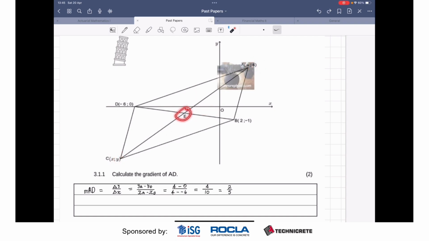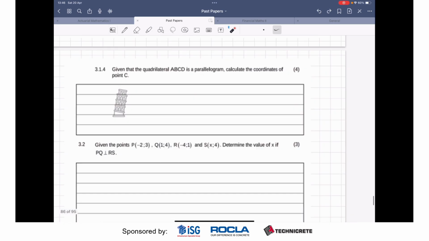So I know that E is the midpoint because of the diagonals bisecting in a parallelogram, and so I can just write an expression for the coordinates of C by saying these x's added together divided by 2 is the midpoint x of E, which we've just found, and I do the same for the y values divided by 2 is y of E, which we've just found.